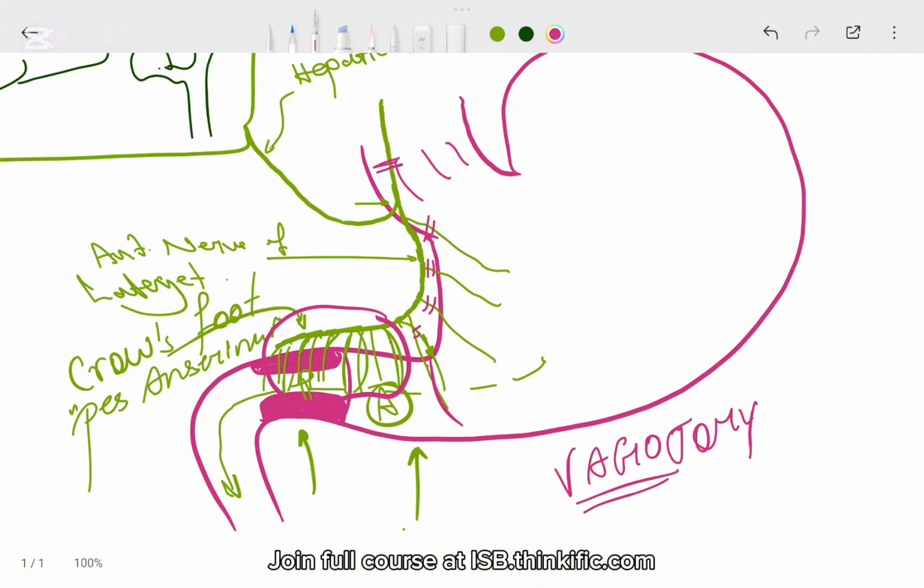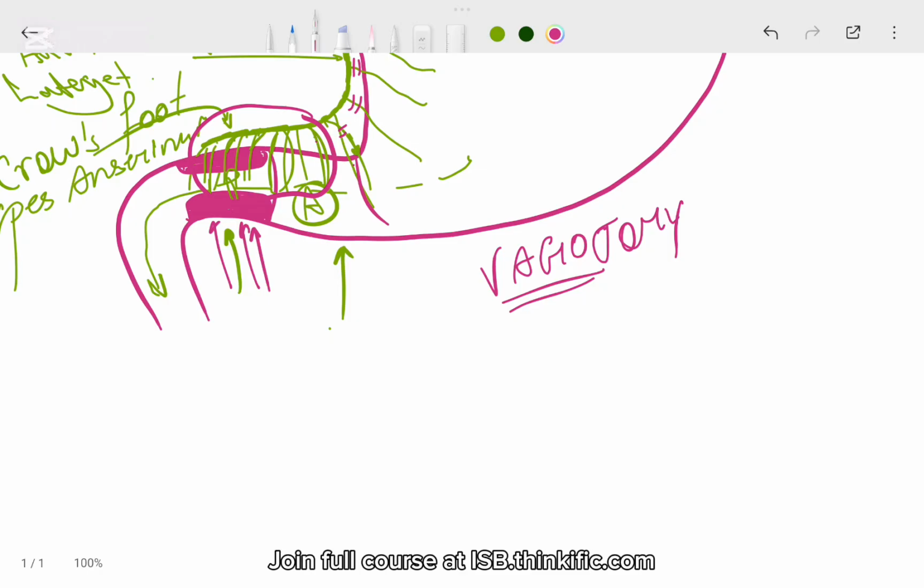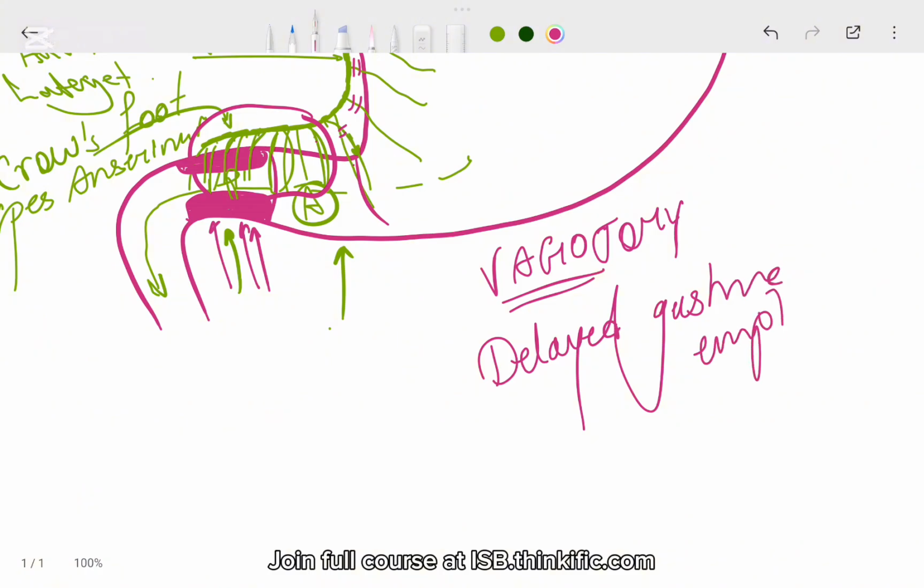So the pylorus does not relax, the antrum does not contract, and food doesn't get to the small bowel. That's called delayed gastric emptying. It was a common complication of these early operations. It used to cause very big problems such as bloating and secondary gastroesophageal reflux.